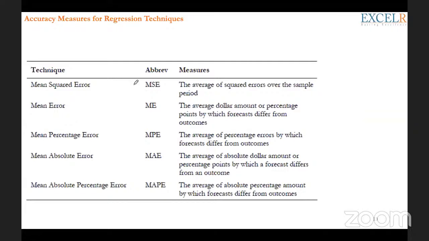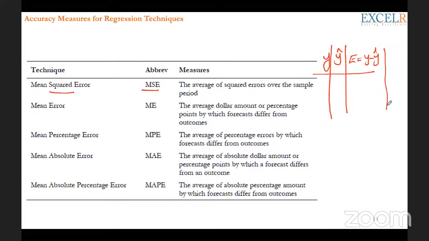We have different measures like mean squared error, also called MSE. Let us say I have y, and y hat, which is the predicted value using the model. Then I have the error. Error is nothing but y minus y hat. This is my error. And what is the MSE?